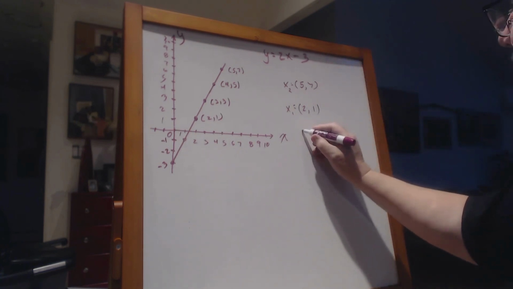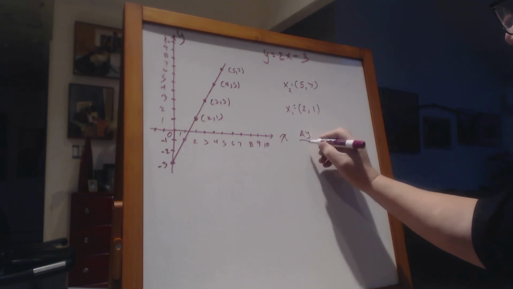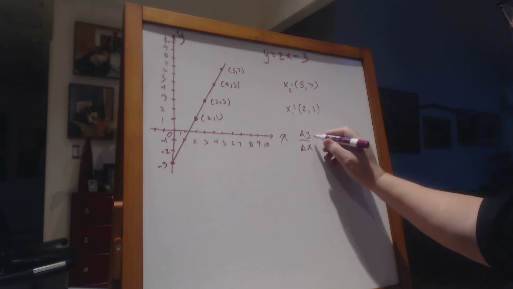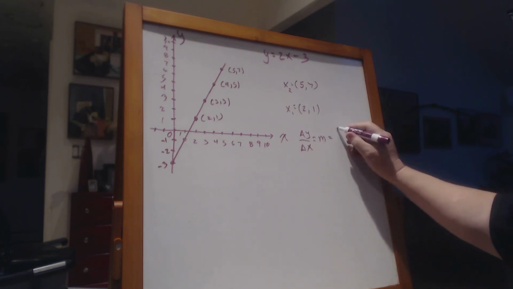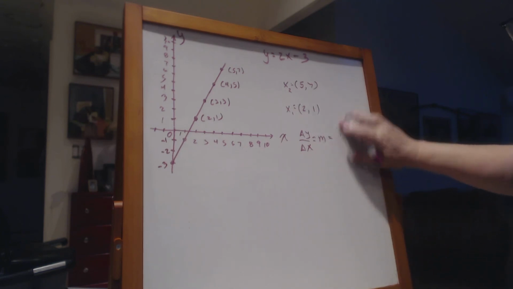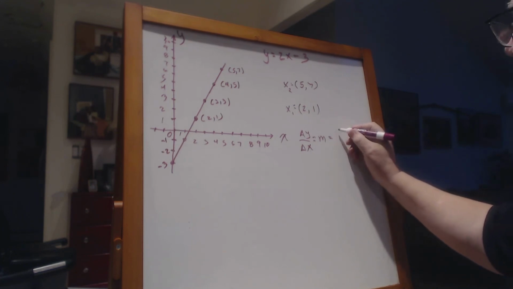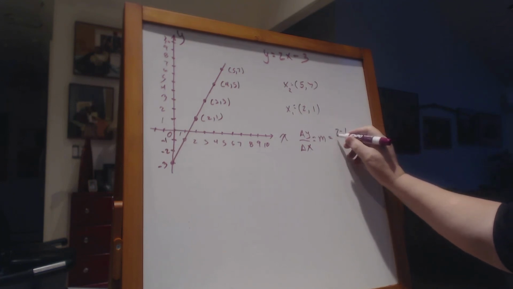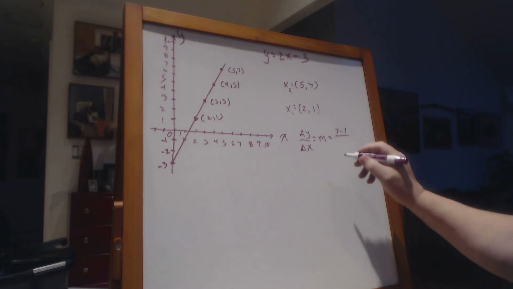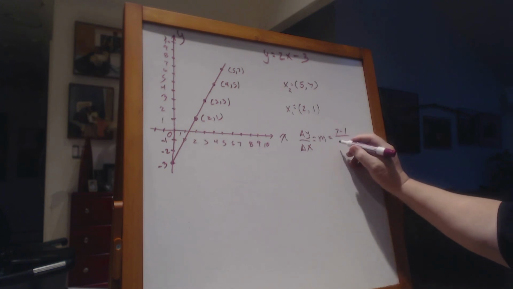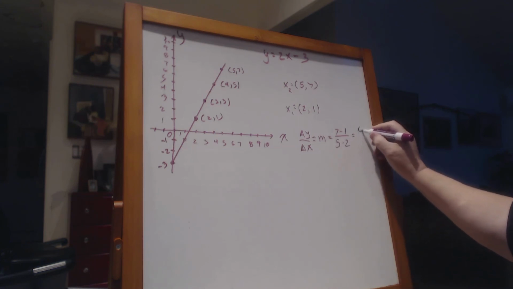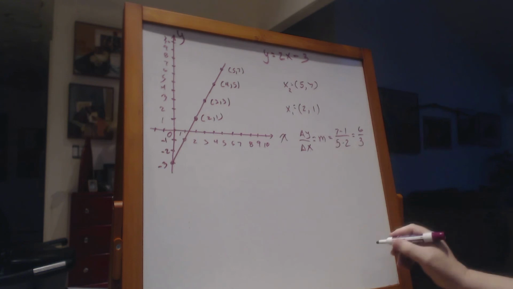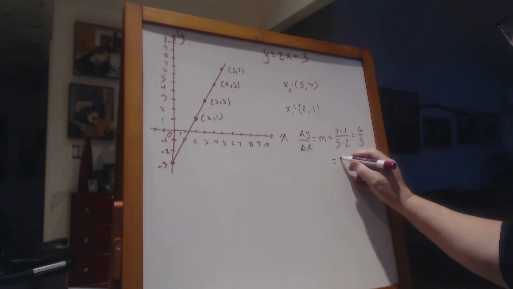So the change in y over the change in x equals m equals 7 minus 1 over 5 minus 2, and that's equal to 6 over 3, and that's equal to 2.